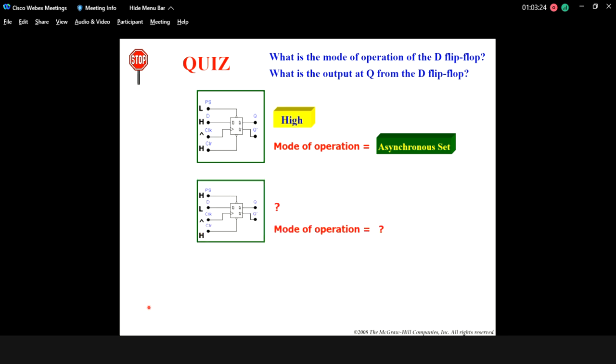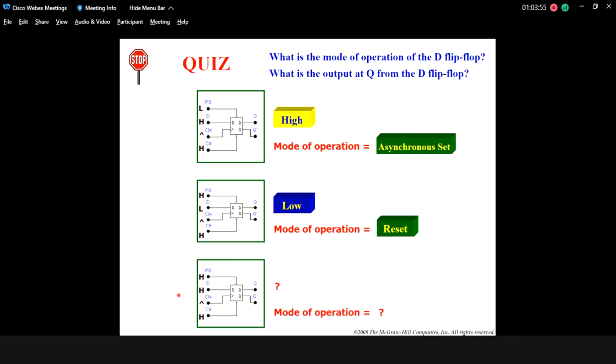And then now we have both high. What is the condition? When both are high, it means it is not based on asynchronous operation, so now we look at D and clock. Now we have D low, so the output will be reset, the mode of operation is reset, and the output will be low.